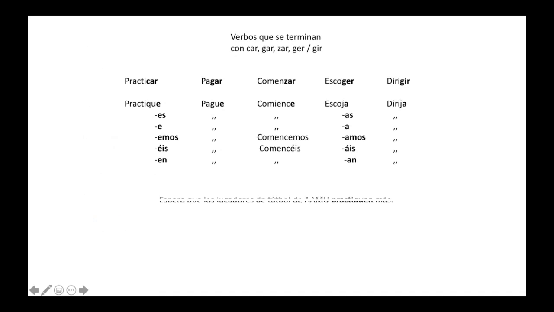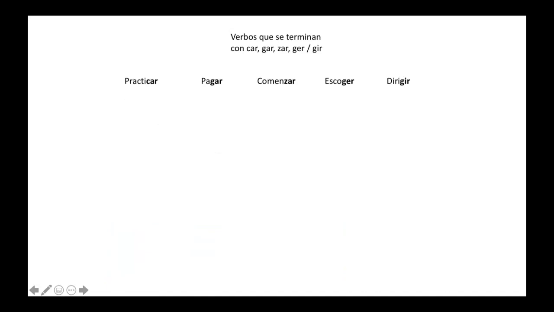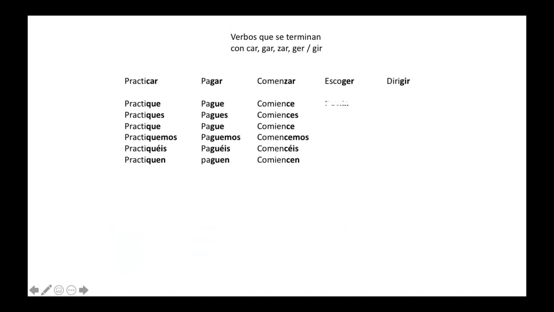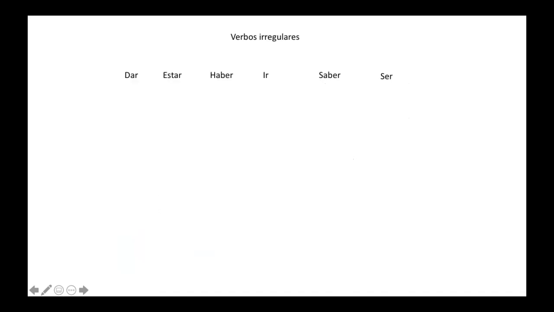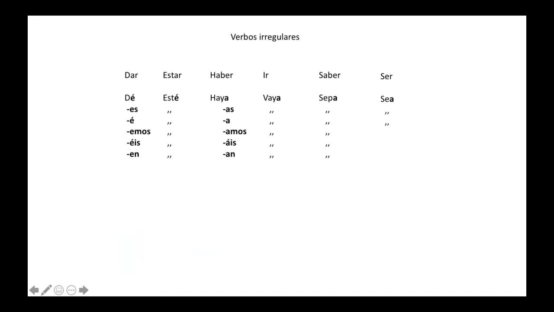And there are irregular forms. Dé, des, dé, demos, deis, den. Esté, estés, esté, estemos, estéis, estén. Haya, hayas, haya, hayamos, hayáis, hayan. Vaya, sepa, sea.